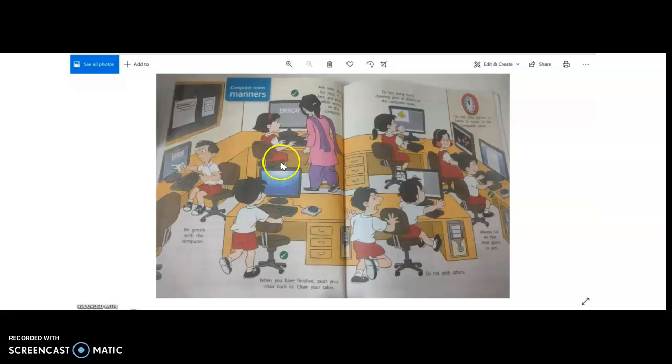The last point of our class and the most important point. Ask your teacher for help if you are facing any problem while working on the computer. When you are working on the system, if you are facing some problem, you should call your teacher and ask for the solution.